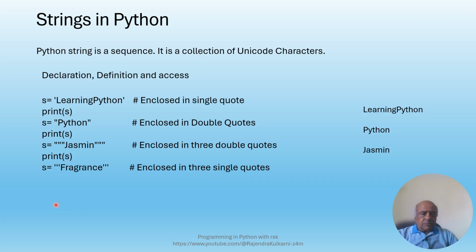Then another way of defining a string, S is equal to fragrance, which is enclosed in 3 single quotes. So we can define a string using 4 different ways.